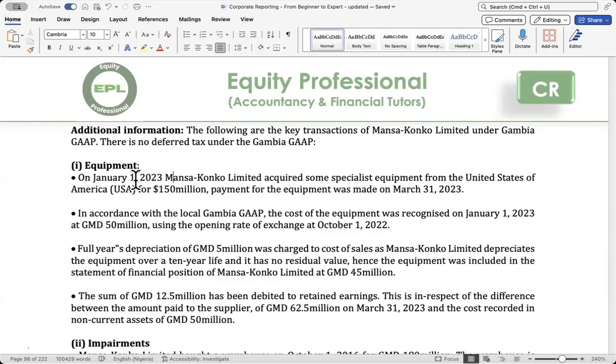When you consummate the transaction, all transactions are initially recognized at the spot exchange rate at that date. So that's what is wrong with this. This 50 million is wrong. We need to correct it.